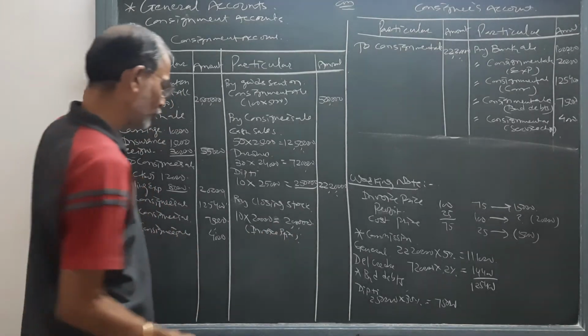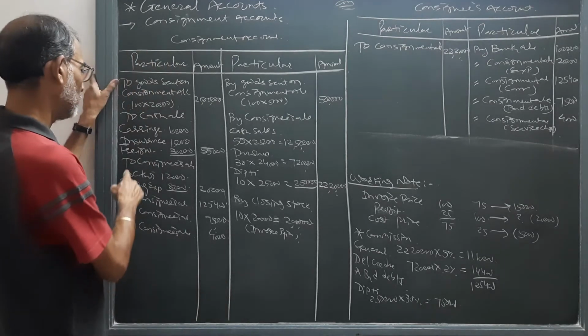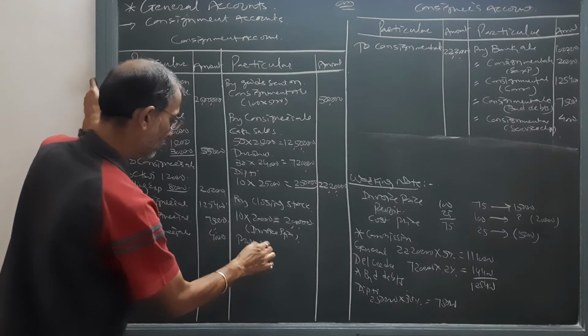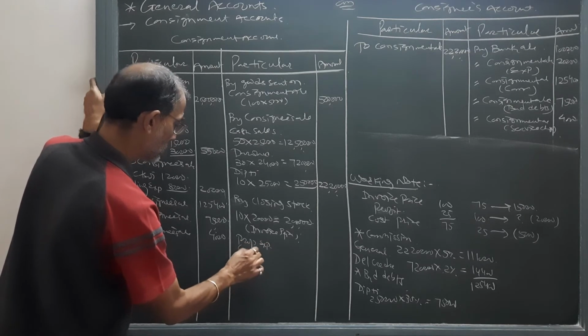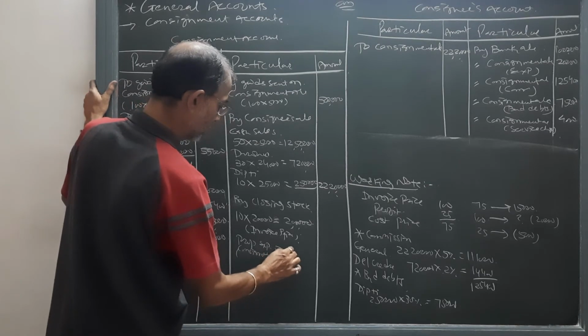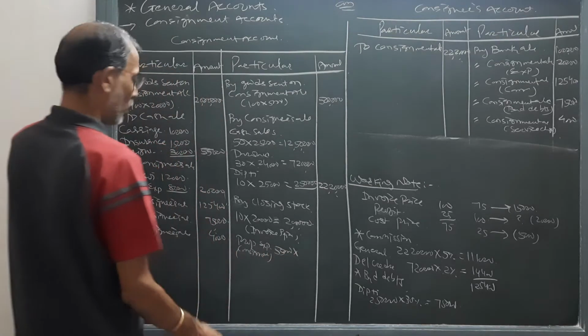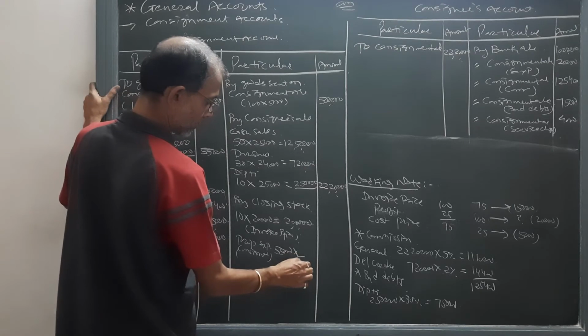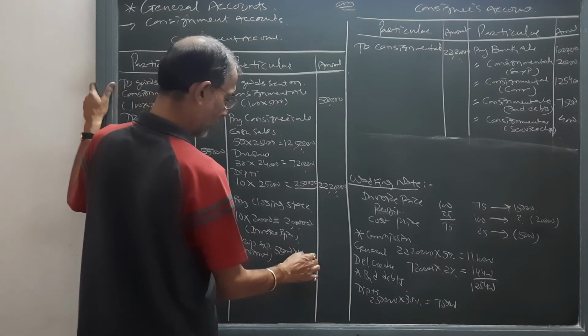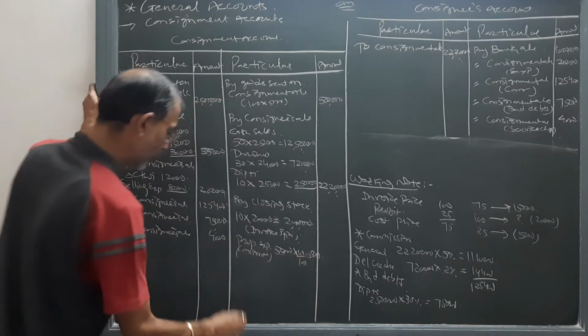Then after proportionate expense of consignor, that is 55,000 on 100 TVs, so on 10 TV it will be 5,500.